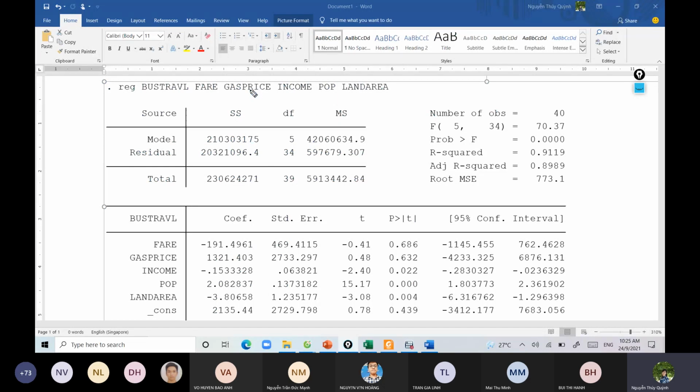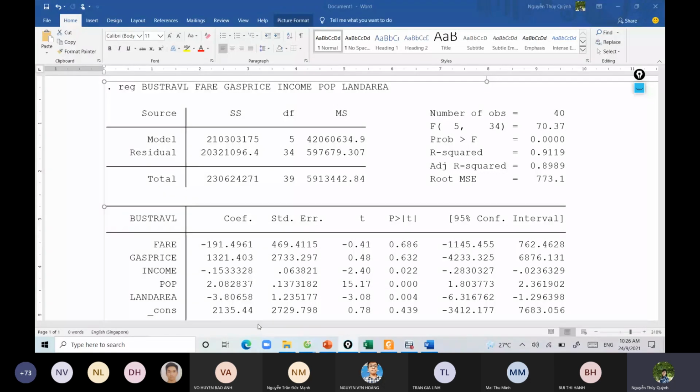We may want to test the joint significance of the variables fare and gas price, to see whether fares and gas price together explain the variation in the value of bus travel here. So in doing that, we are testing the joint effect of fare and gas price on bus travel.